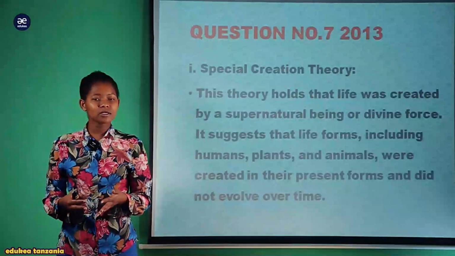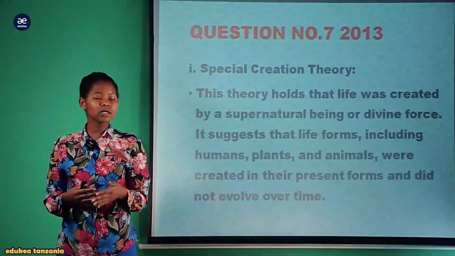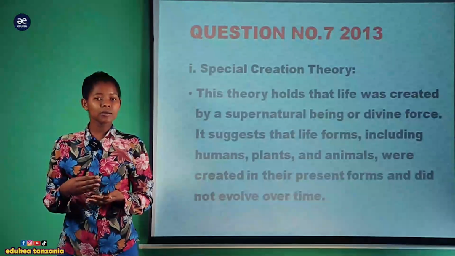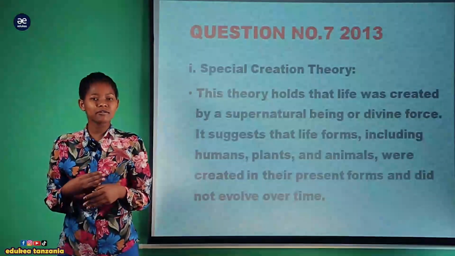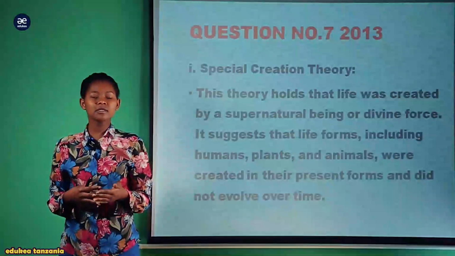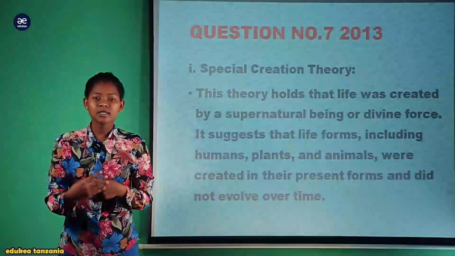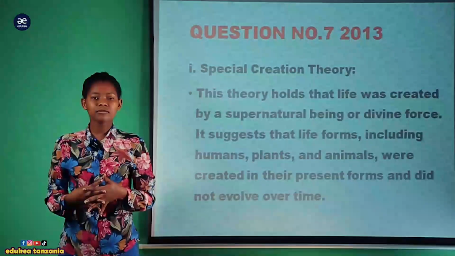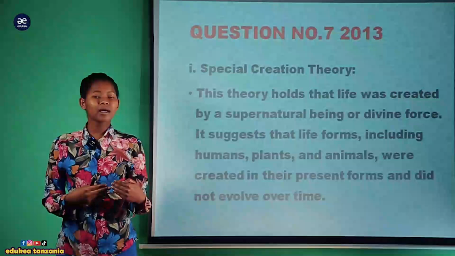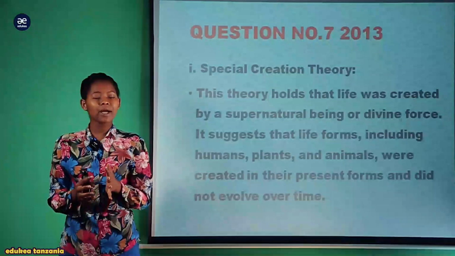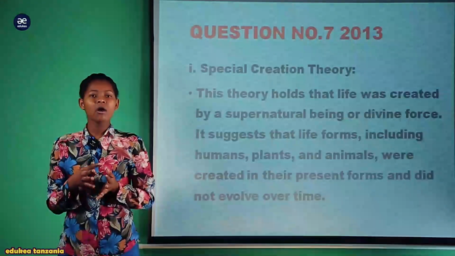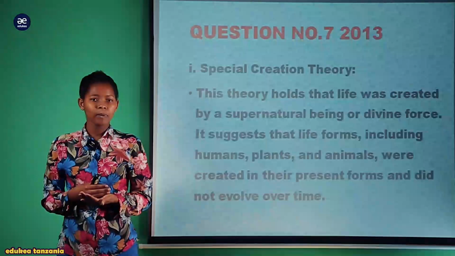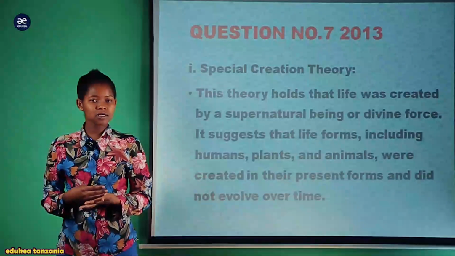And this theory, my dear student, shows us that it was a one-time event and not a process over time. When we say over time, it means that the process tends to happen after several intervals of time. But this theory of special creation shows us that life appeared at once, at one time. That is all about the special creation theory.